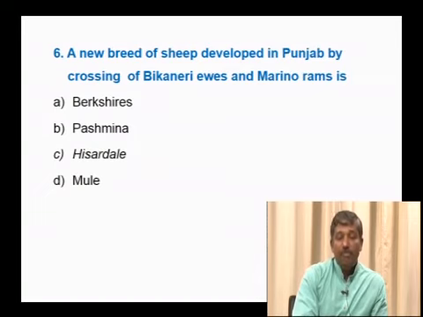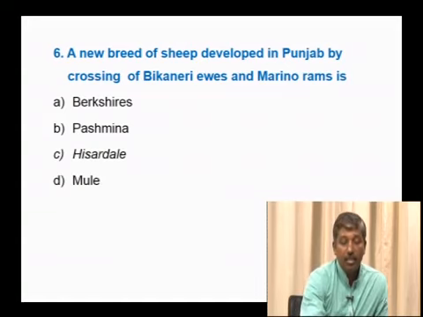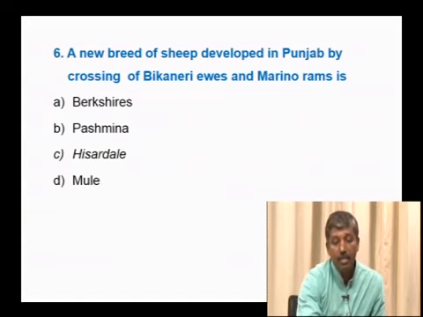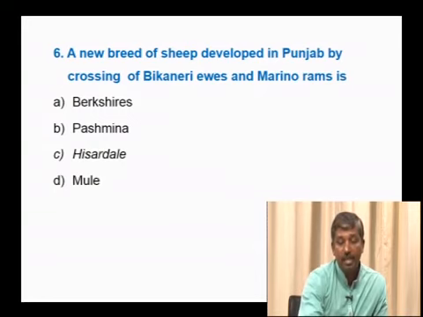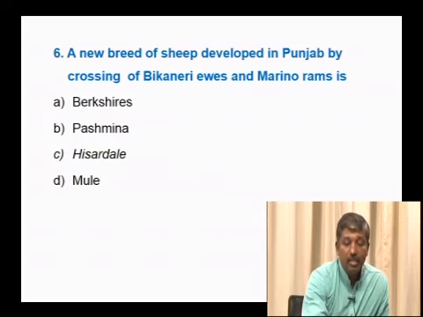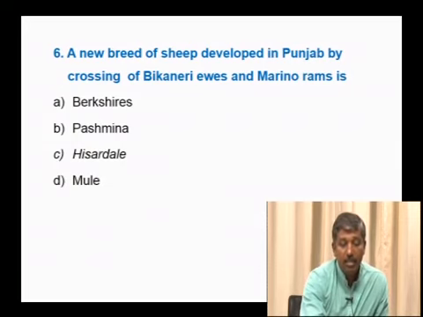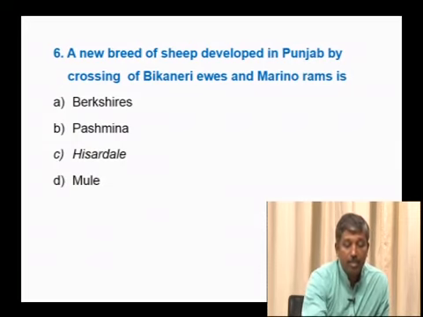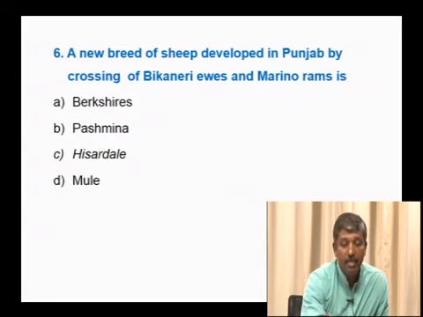So, a new breed of sheep developed in Punjab by crossing Bikaneri ewes and Merino rams. So it is a cross breed developed in Punjab by crossing Bikaneri ewe and Merino ram. So, is it Berkshire, Pashmina, Hisardale, or mule? See, Berkshire is an exotic breed of sheep.